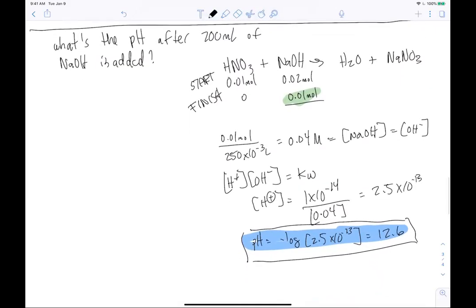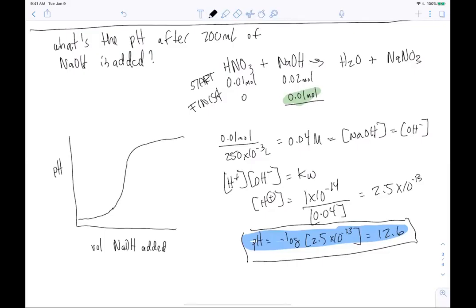So if you take pH and plot it as a function of the volume of sodium hydroxide added, you end up seeing a curve that looks like this.